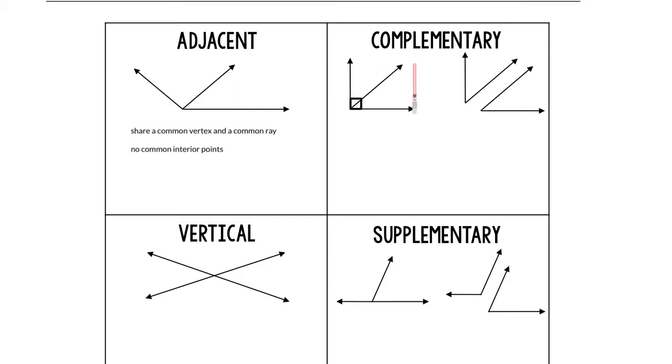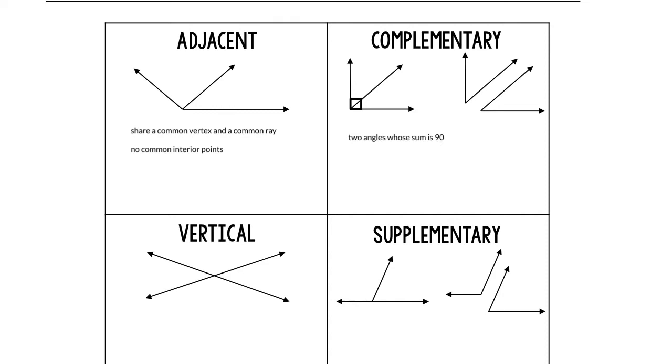Next, complementary angles. Let's get a little box here for this one. First thing, there are two angles whose sum is 90. So when you add the angles up, their sum, like I just said, is 90.